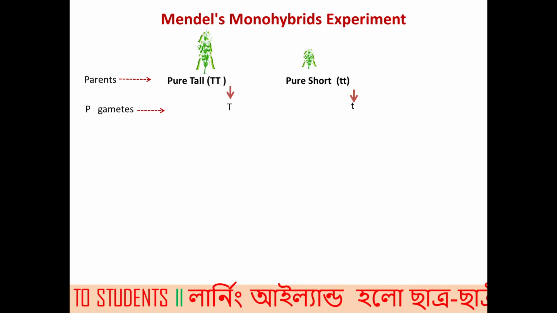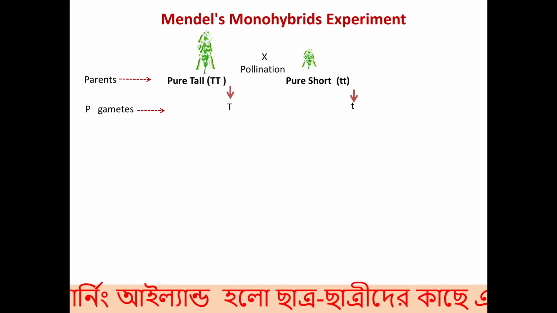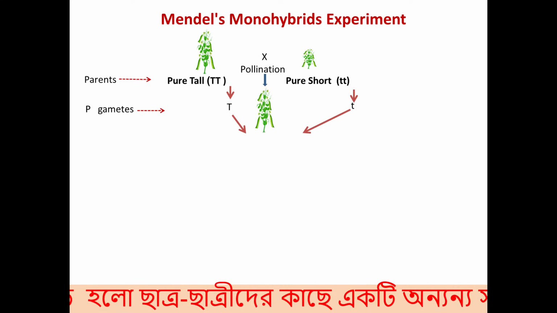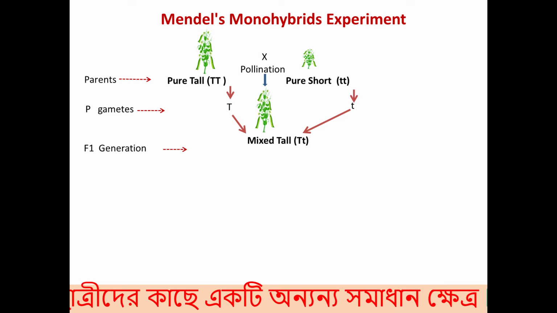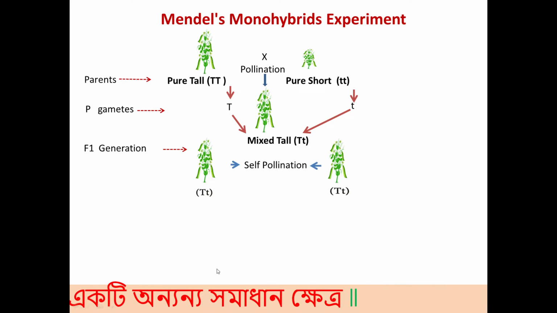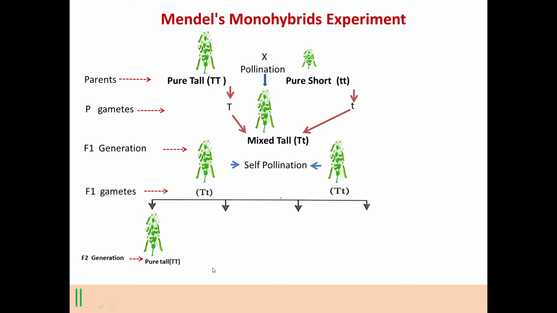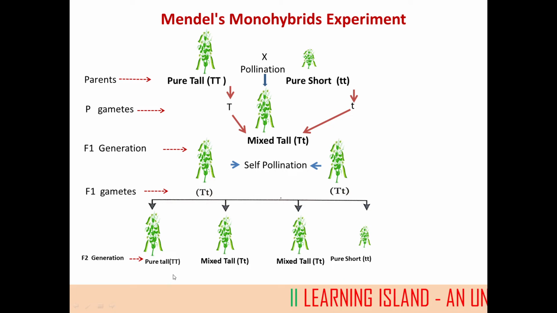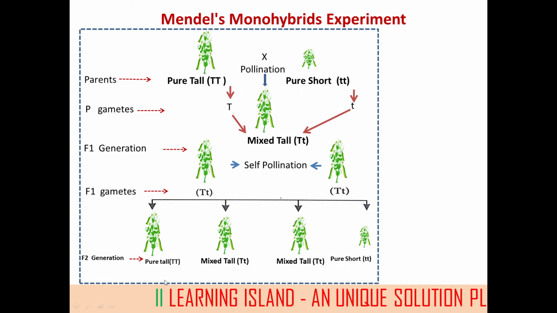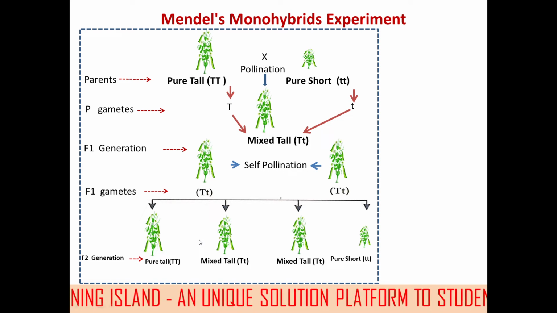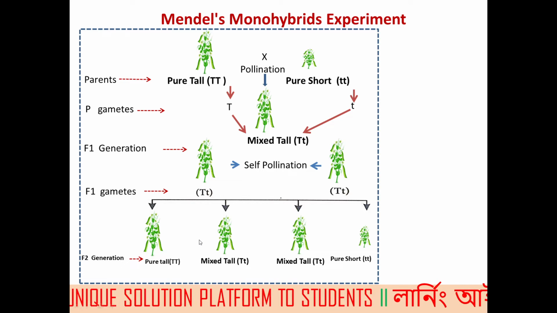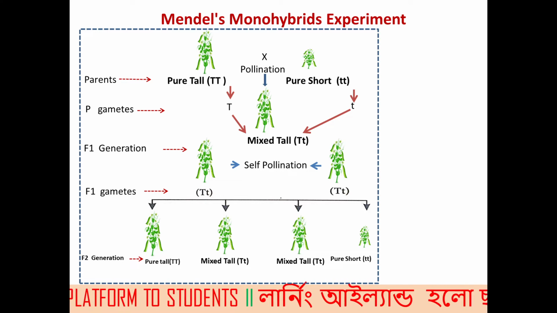Take the gametes, P gametes, then make the self cross pollinations. He got the mixed tall, and among these mixed tall he made again the self pollinations. He got the four types of plants, pure tall, which I have shown in the rough sketches. So here you see, this overall figure is called the checkerboard, Mendel's monohybrid experiments checkerboard.